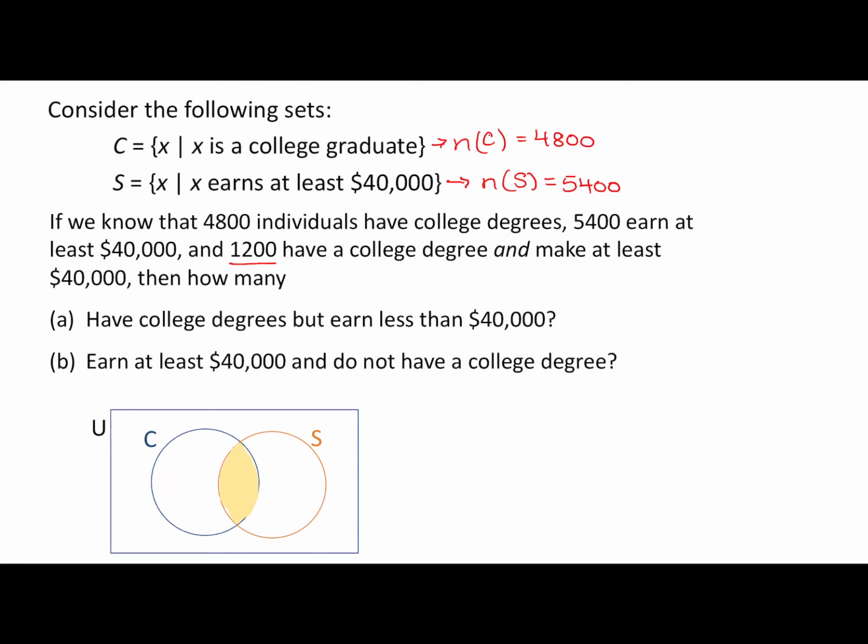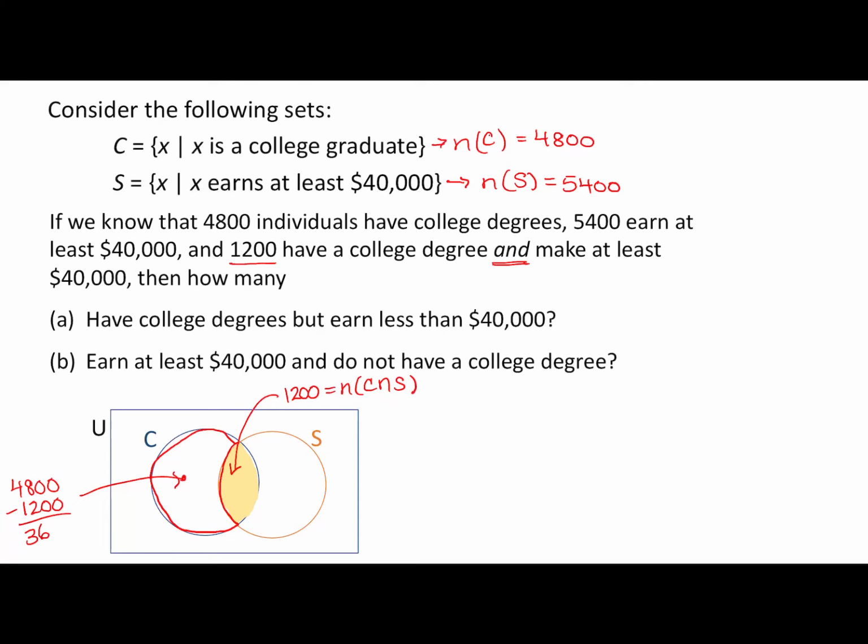Now, what is this last number? 1,200 have a college degree and make at least $40,000. Those are the people that live in the intersection. So this yellow shaded region, there are 1,200 people in there. And that is my N of C intersect S. So if I want to figure out how many people live in this region that's outside of the intersection but still in C, well, the number of people that belong in this region is going to be the number of people in C, the 4,800, minus the 1,200 in the intersection.